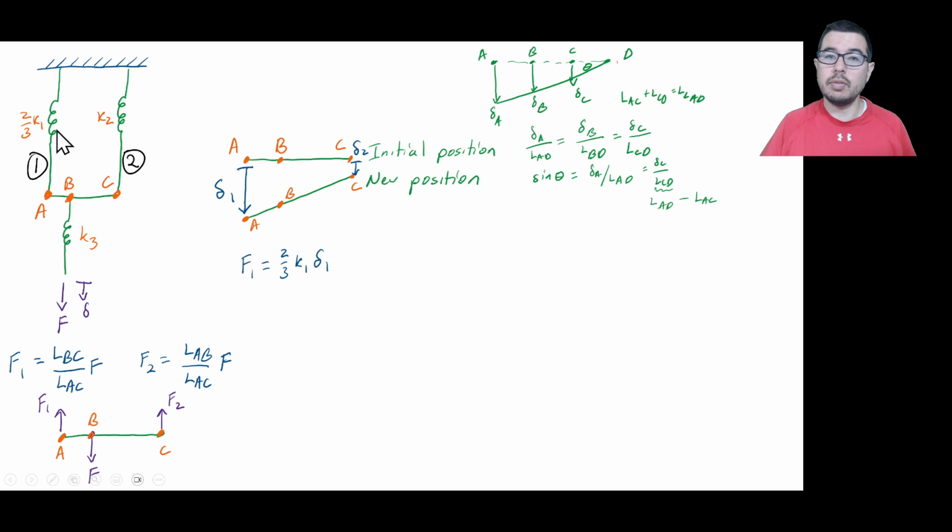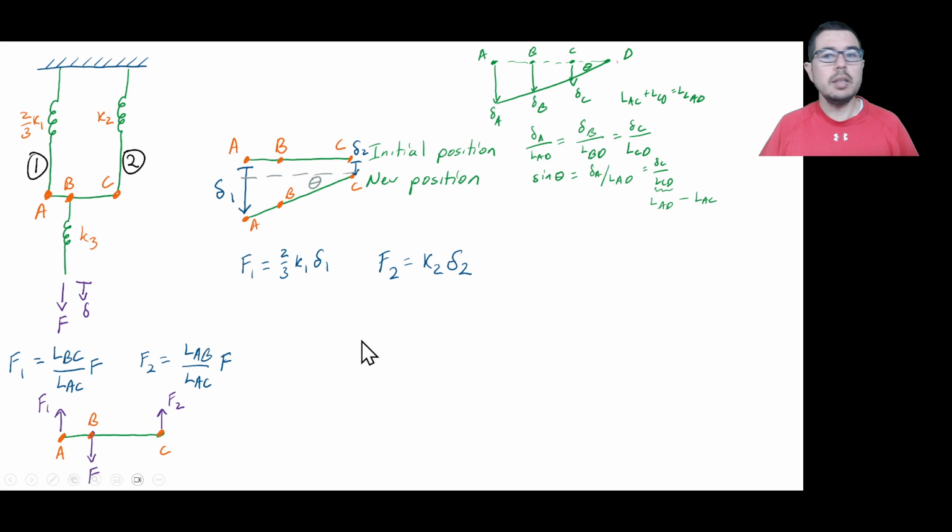So if we say this is an effective bar or an effective spring, like we have here, then we have the spring constant times the delta 1 equal to F1. For the right side, this branch 2, we can also say that F2 is equal to K2 times delta 2. And that's just using the spring constant that we have here, and the delta 2 and the force.